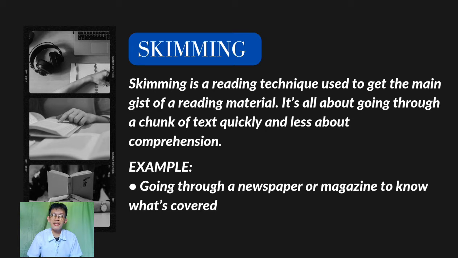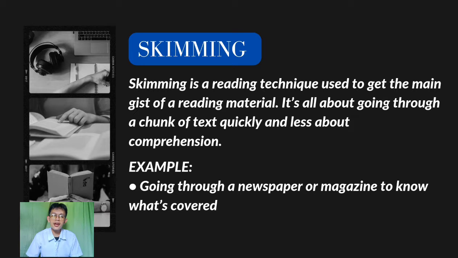So, for example, going through a newspaper or magazine to know what is covered. When reading a newspaper, you don't really read the information in detail. You just get the main idea of what is covered in the newspaper or in the magazine. Another example is going through a product review to have an idea of the product's features.